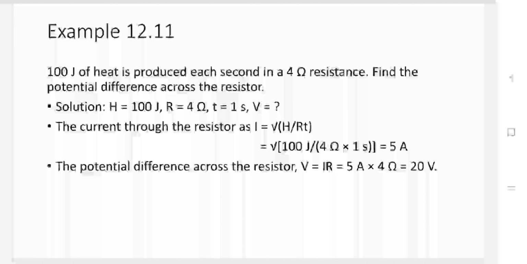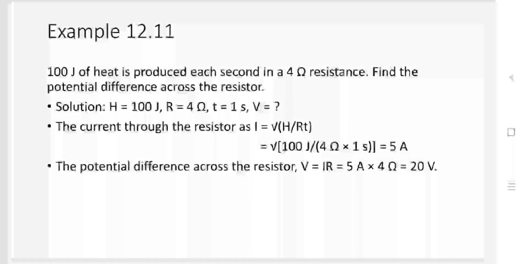To get the voltage, first we need to calculate the current. So make I the subject of the formula. It would be equal to the square root of H by Rt. Replace the values of H, R and t, which are given already. So the current would be 5 ampere. Now to get the potential difference, use Ohm's law, V equals IR. I we have calculated as 5 ampere and the resistor is given. Replace those values. So our solution would be 20 volt.